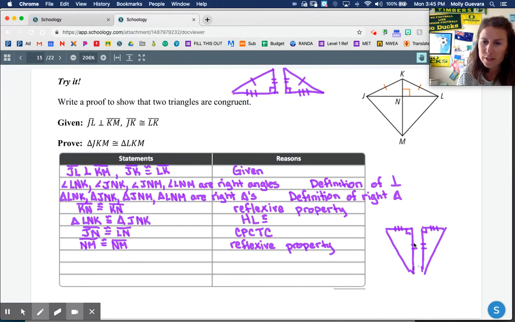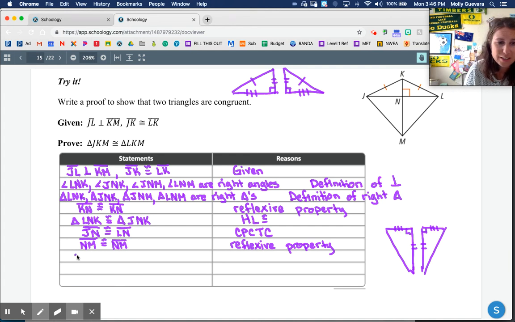So now the question is, sorry, I totally got distracted. Now I look and are these two triangles congruent? And yes, right? I have side, angle, side, right?